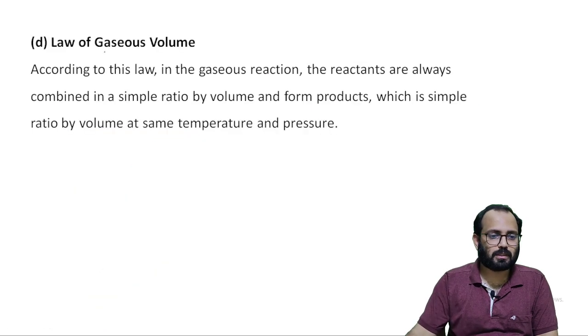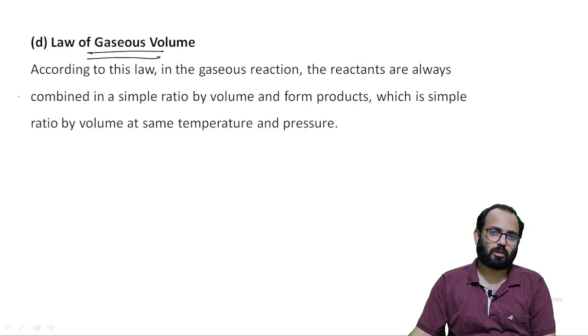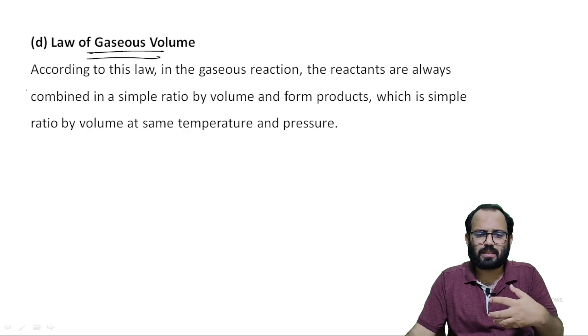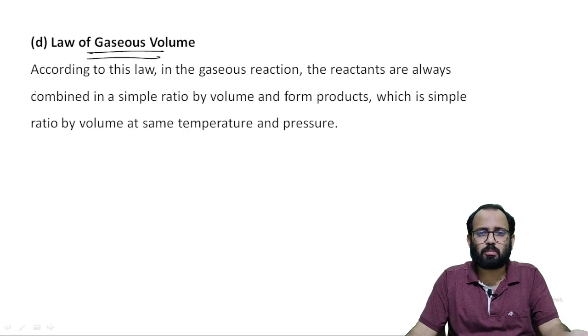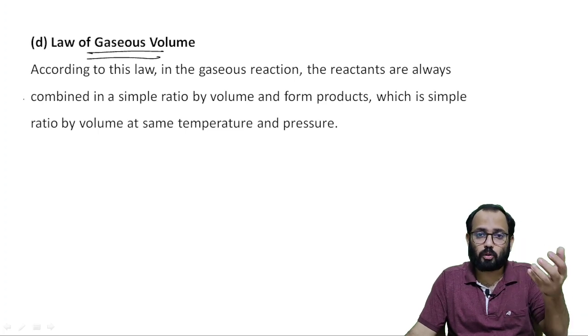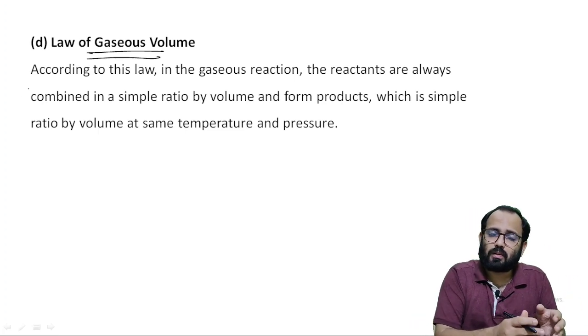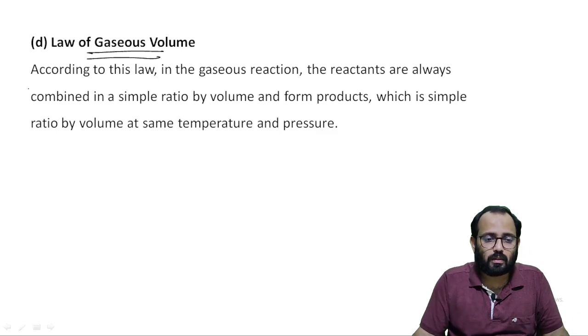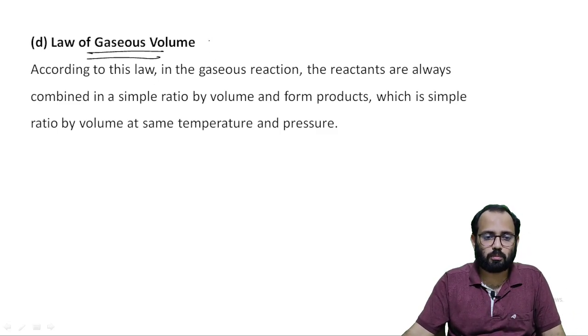Now the next one is Gay-Lussac's law of gaseous volume. We can say that it is the law of definite proportion by volume. We have discussed the law of definite proportion, the law of constant composition, with respect to weight. Here Gay-Lussac's law of gaseous volume will be discussed with respect to volume.